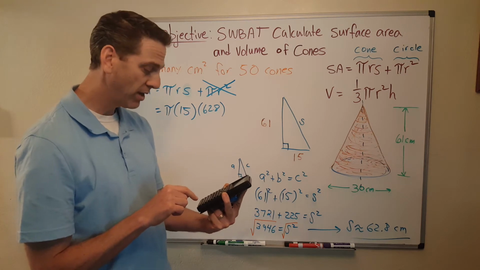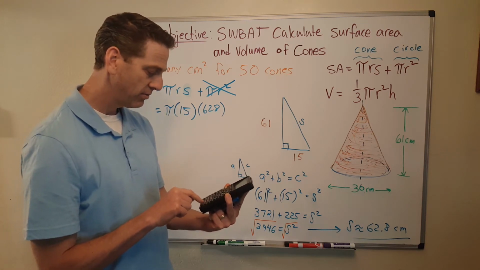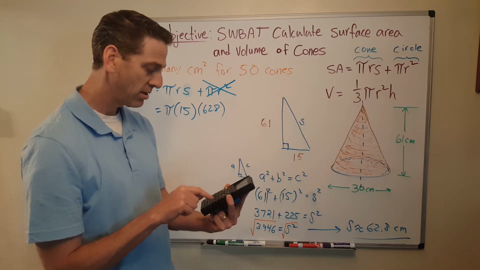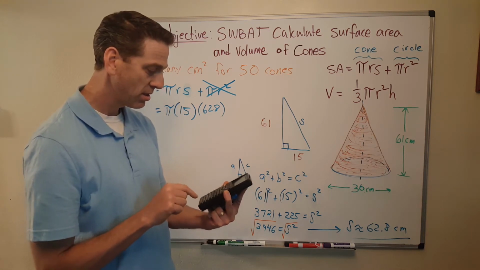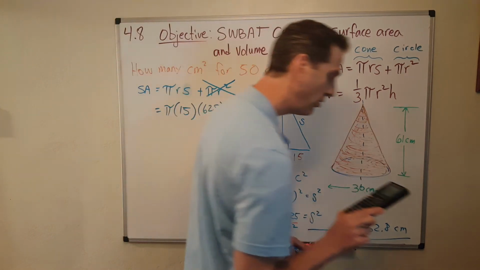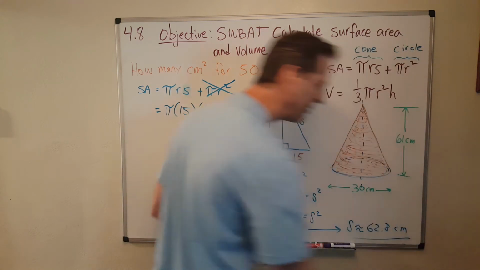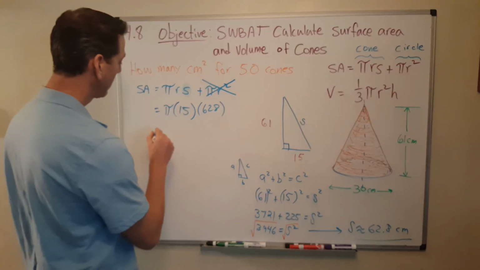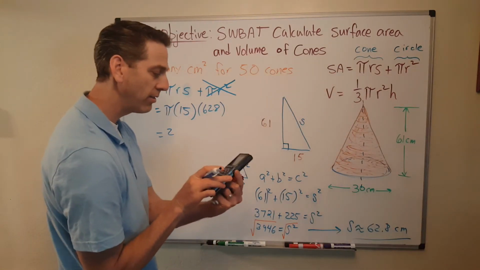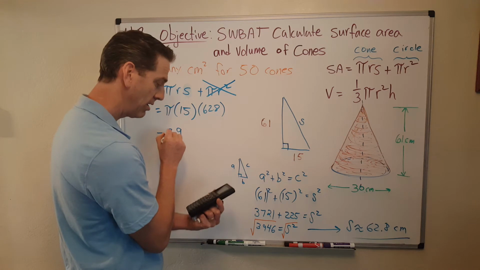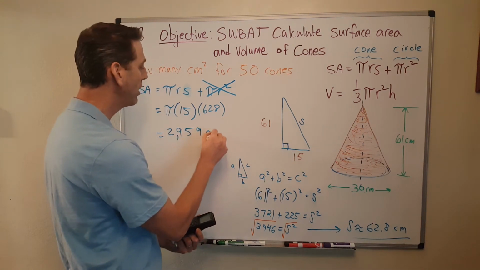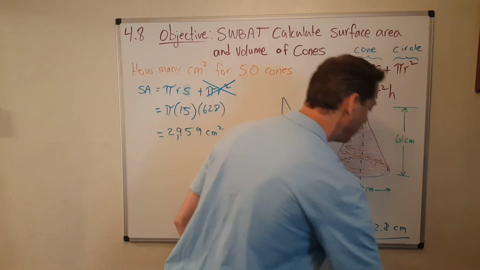So I got 62.8 times 15 times pi is going to be approximately 2,959, something like that. I'm probably getting a rounding error there. 2,959, and that's square centimeters.